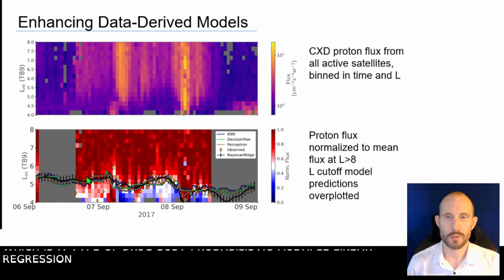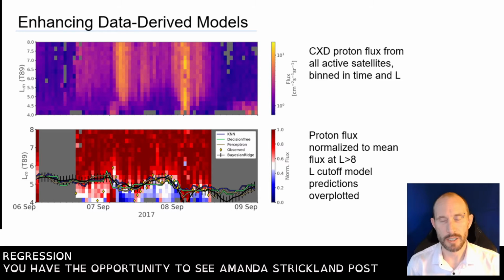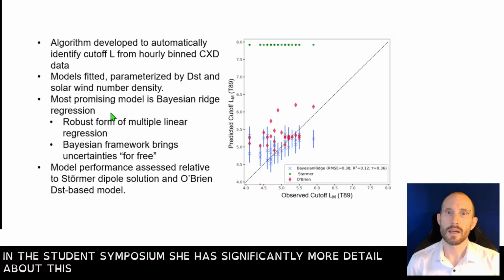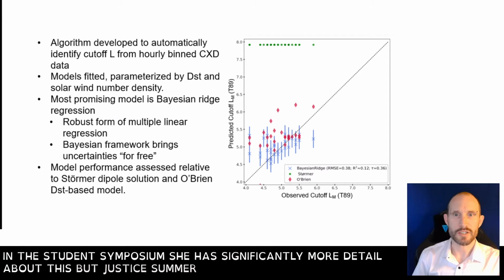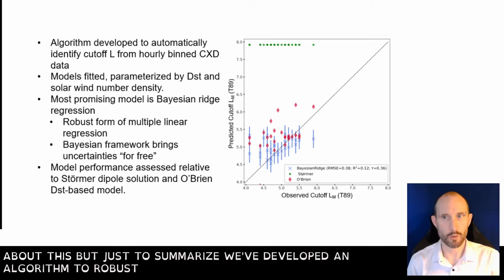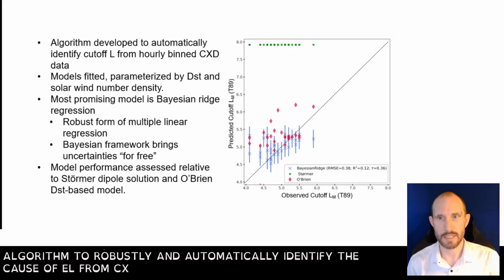So if you have the opportunity to see Amanda Strickland's poster in the Student Symposium, she has significantly more detail about this work. But just to summarize, we've developed an algorithm to robustly and automatically identify the cutoff L from CXD data.